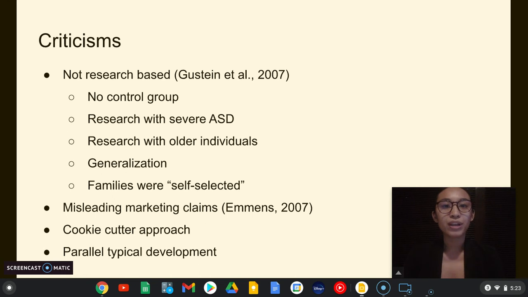For example, in early intervention, younger individuals with ASD may develop quicker than older individuals. Therefore, it could be a confounding variable in the results of RDI in the study.